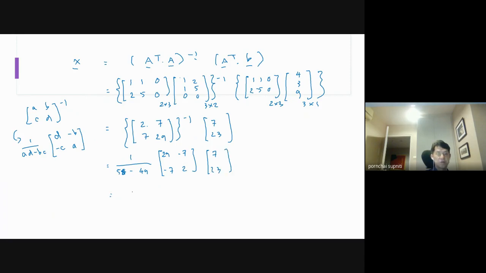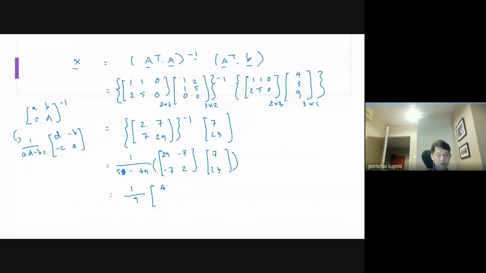So this is 1 over 58 minus 49, which is 9, right? But what you will get is this number, 42 and minus 3. So you can try that yourself, okay?